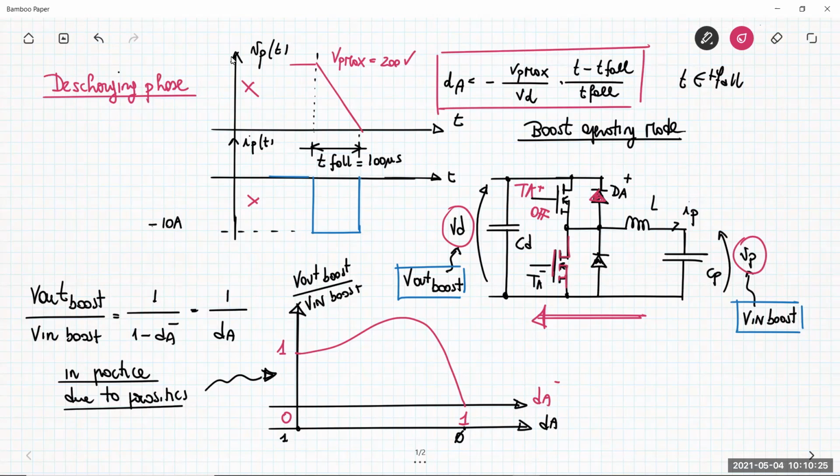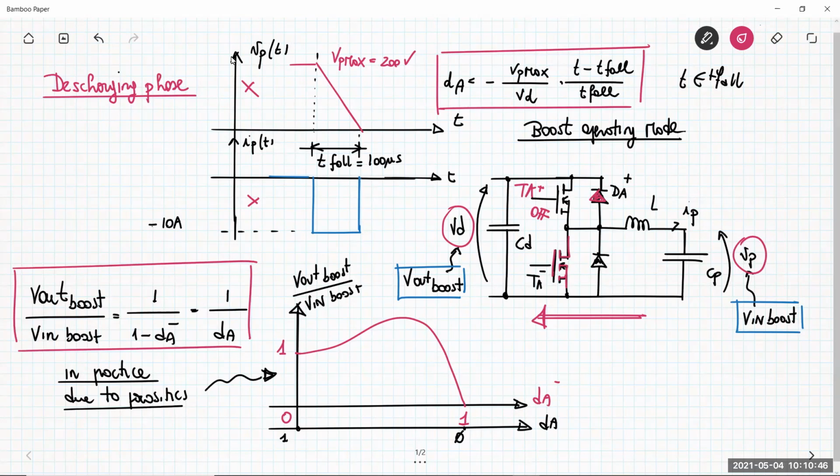We have a boost, so we have the classical function that relates the output and the input of a boost converter, which is 1 over 1 minus the duty cycle of the transistor, and this is dA minus. dA minus is 1 minus dA. dA is the duty cycle by definition for the transistor TA plus, for the I side transistor.